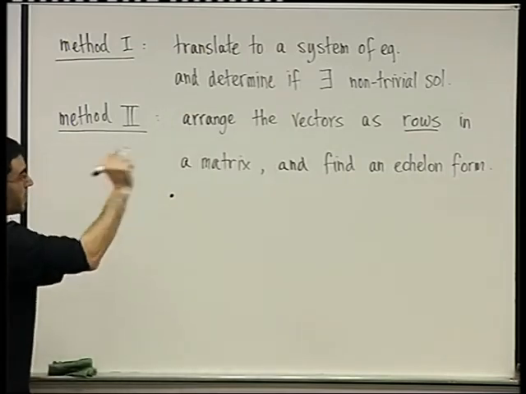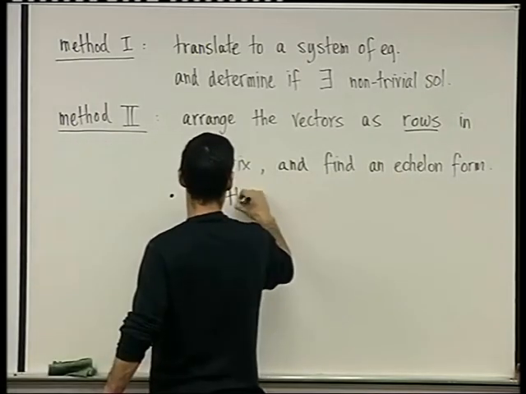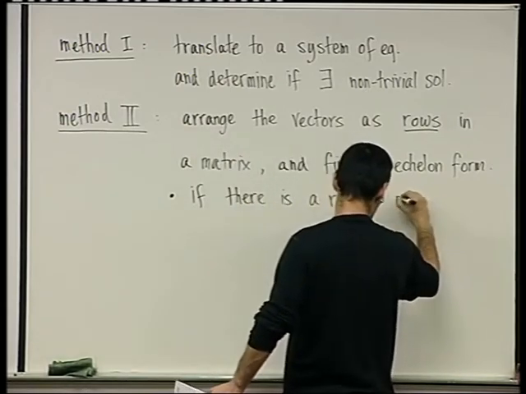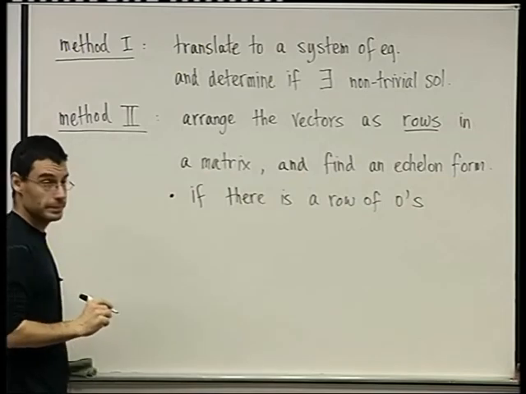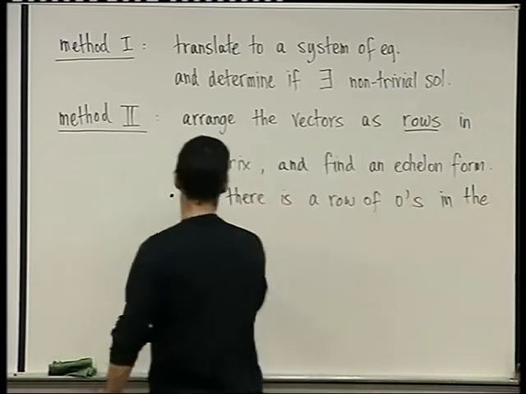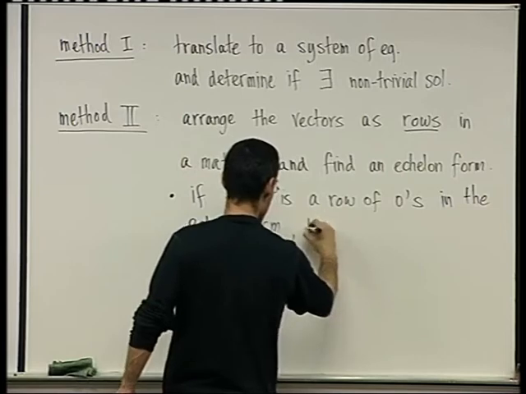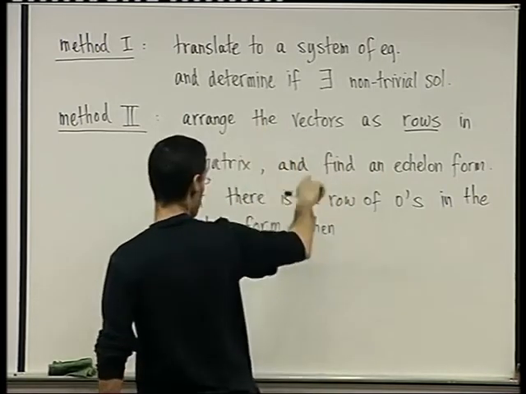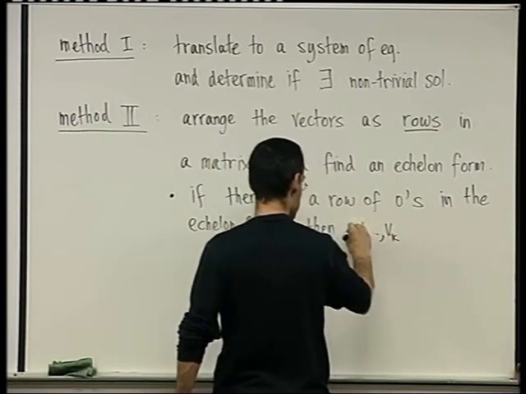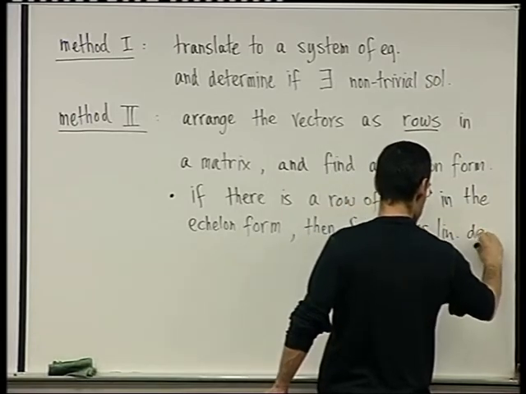If there is a row of zeros in the echelon form, then your original set of vectors, v1 through vk, is linearly dependent.